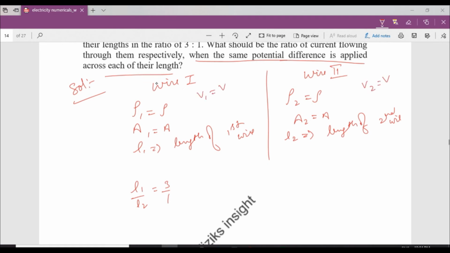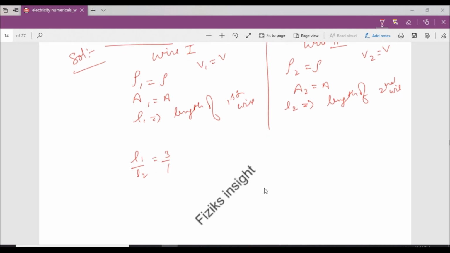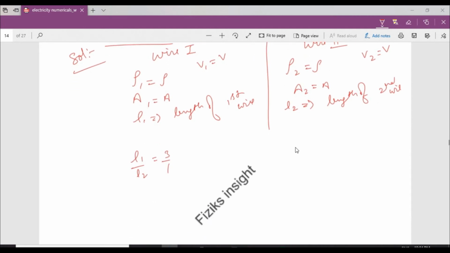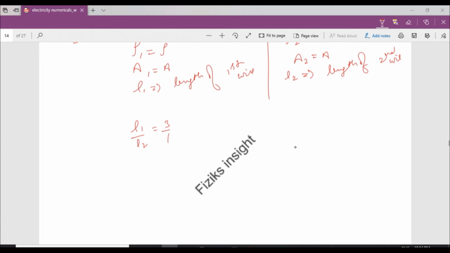Okay. So their lengths are in ratio like this. So we are concerned with the ratio of current. So how we will find ratio of current? Remember Ohm's law, V is equals to IR.